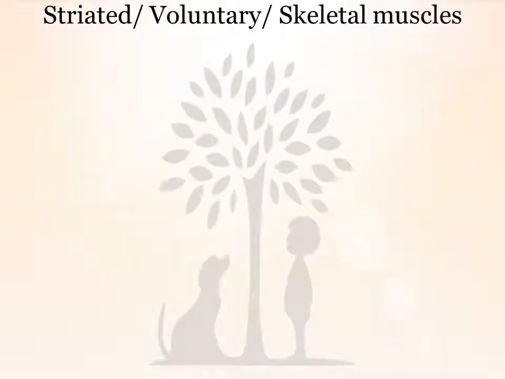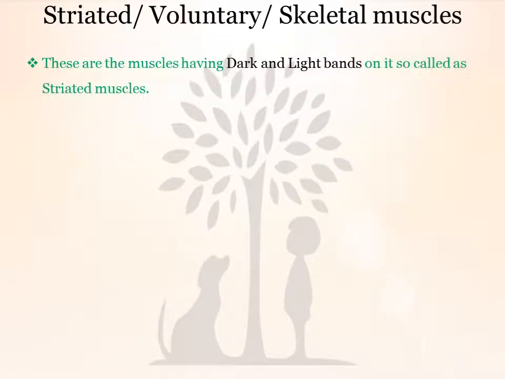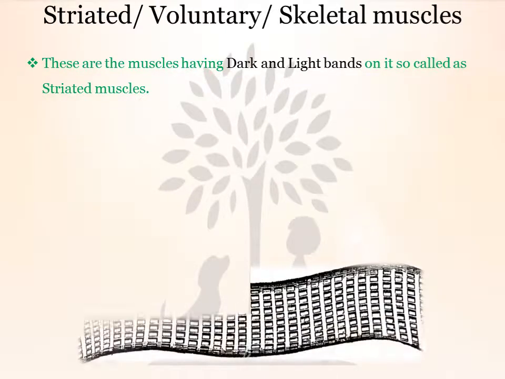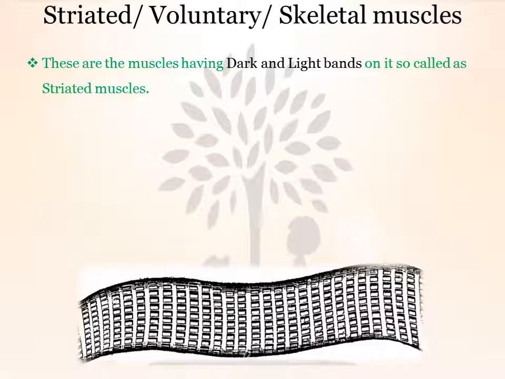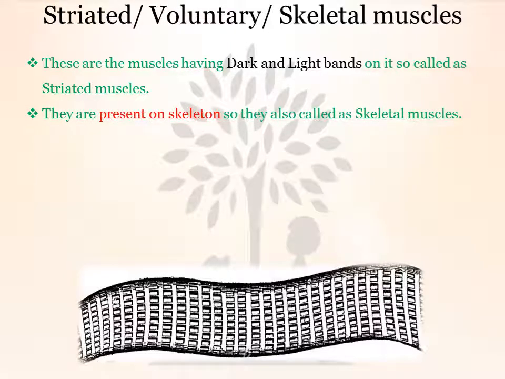The next is striated muscle, or voluntary muscles or skeletal muscles. These muscles have dark and light bands on them, so they are called striated muscles. These are the light and dark bands which appear on this type of muscle. They are present on the skeleton, meaning they are connected to the bones.